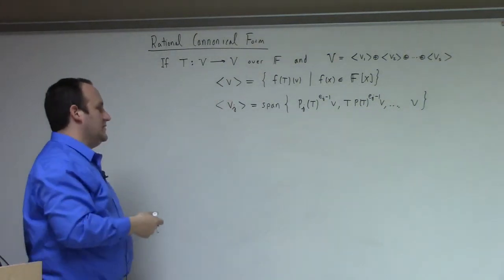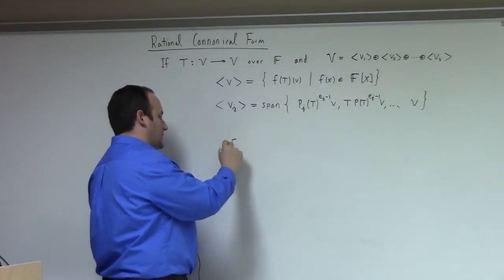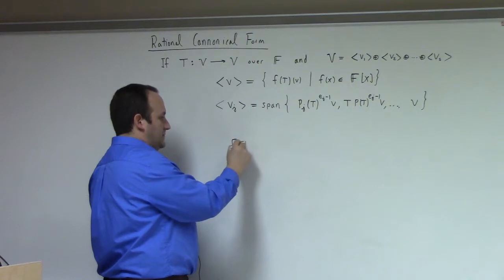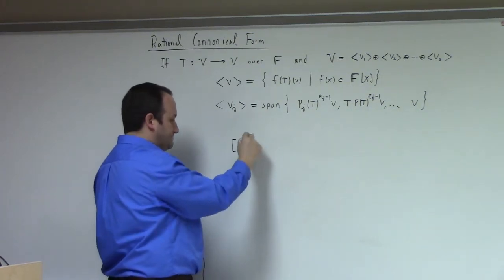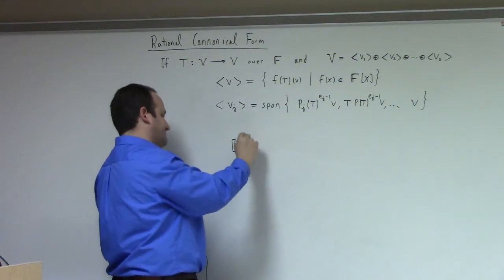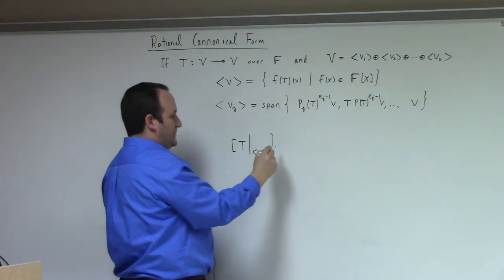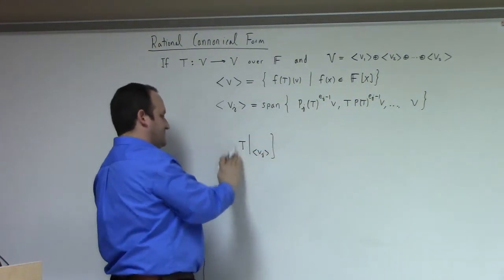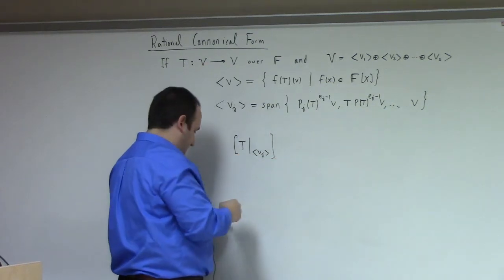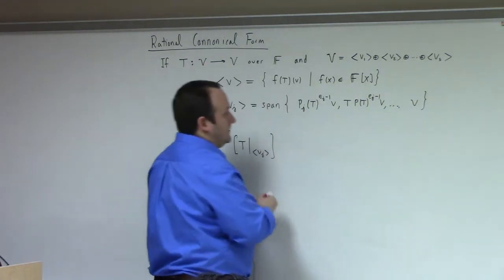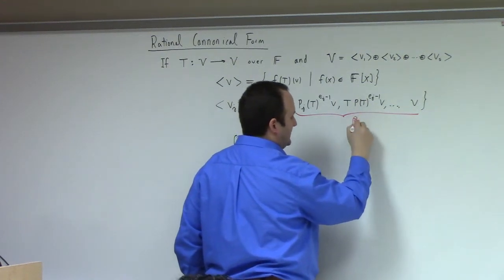I went through it, and if you look at the matrix of T restricted to this thing, with respect to, sorry, awful notation, with respect to this basis here, which is a very special construction, let's call this beta sub j.